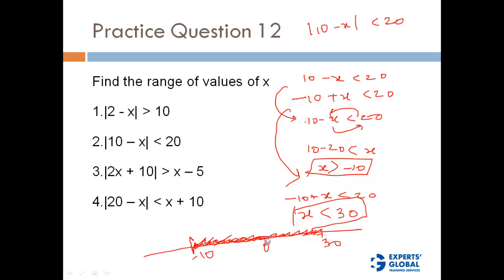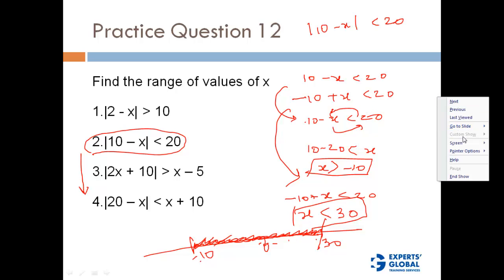Right? What we can do is, this is an exercise for you. You can pick any number, 0 or any positive number between 0 and 30, or any negative number between 0 and minus 10, and see whether this holds true. We can do it for any of these problems actually. Right? Okay, let's move to the third one.